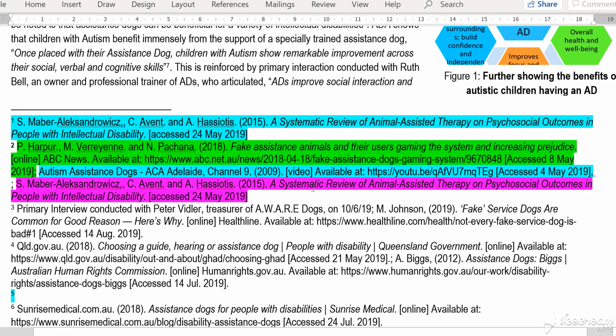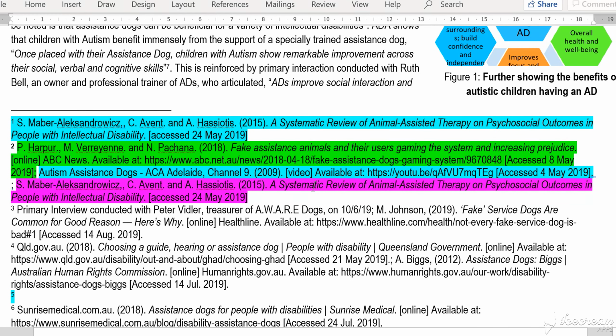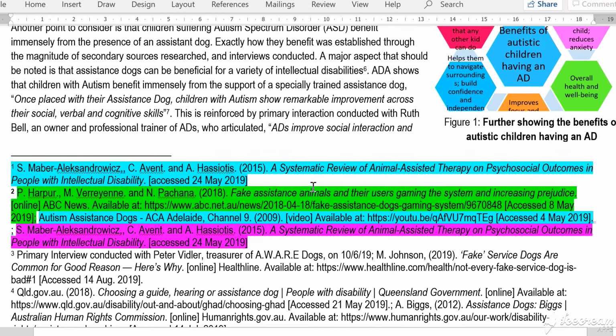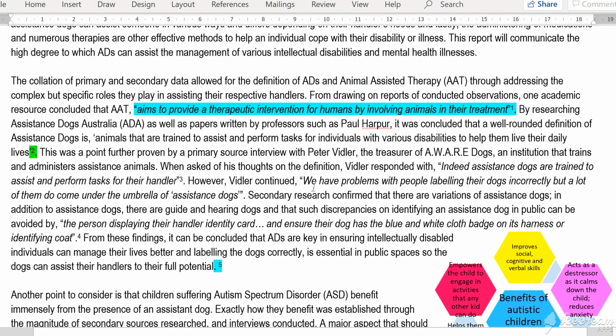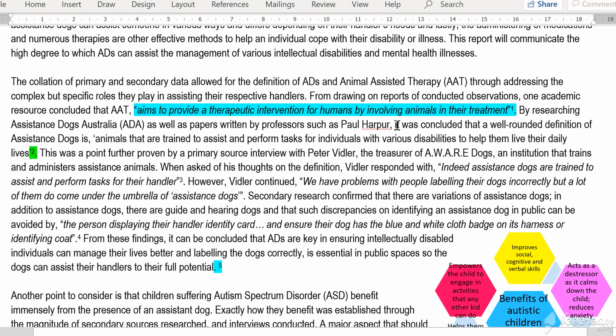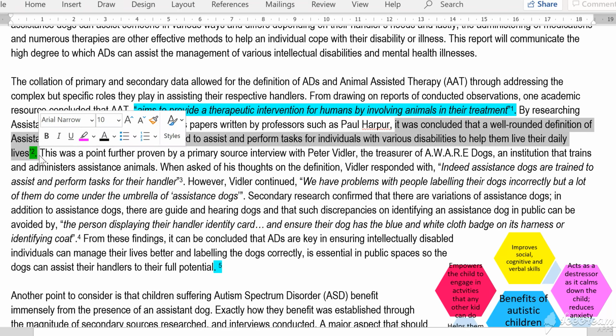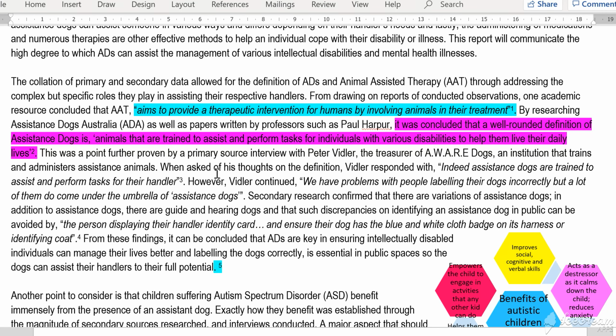Here, I want to go back to my sample piece of work, and go back over the fact that a really strongly substantiated argument is going to have more than one piece of evidence for every point. So when this student was talking about the definition of the assistance dogs, they included one quote.